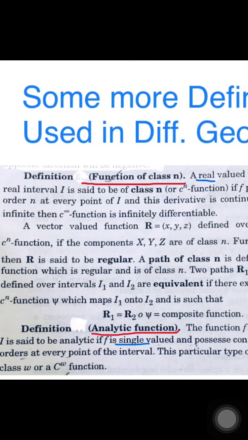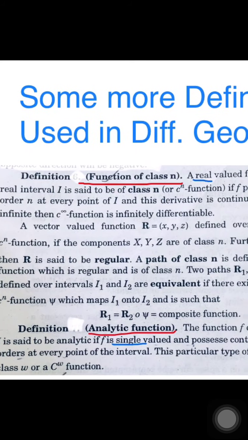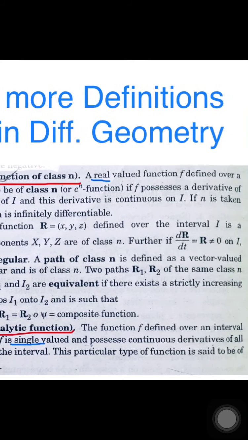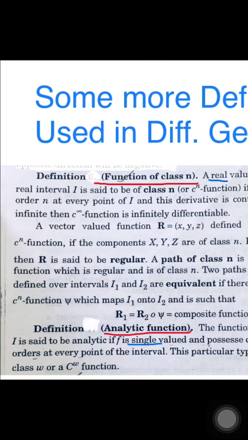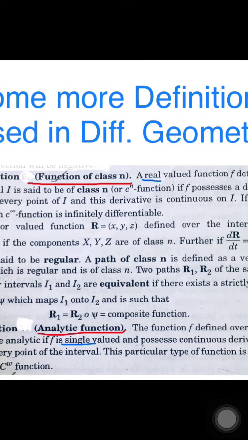If we take a vector valued function r of x, y, z defined over the interval I, it is a Cn function if the components x, y, z are of class n, meaning each component x, y, z should separately possess a derivative of order n.